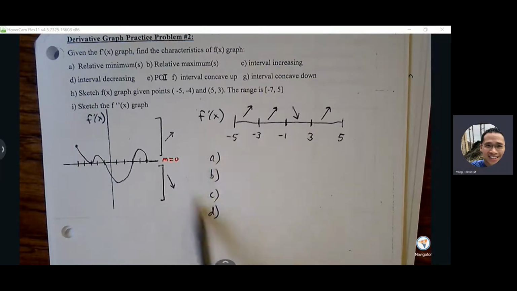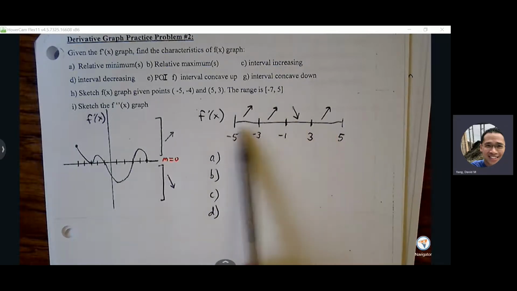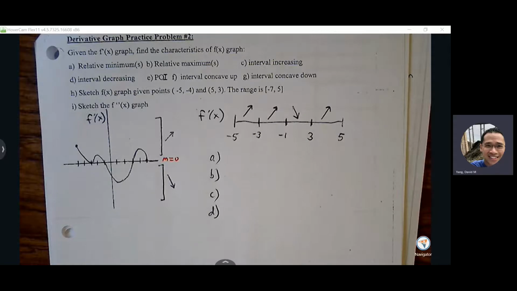So you should find A through D to be easy because you've done the hard part already. You've gathered everything from the sign line. If your sign line's correct, you're just converting those symbols into interval notation and because statements.